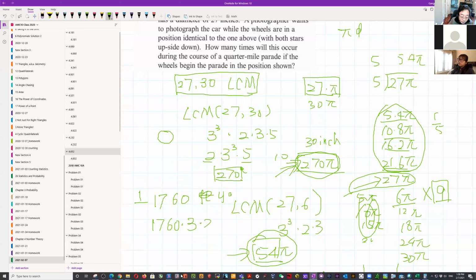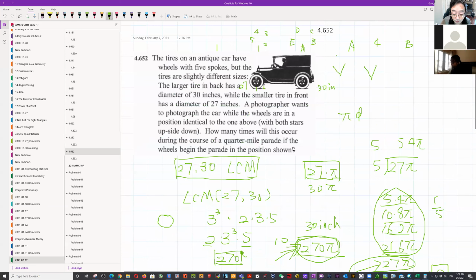Then multiply by 12, that's inches. So that's a complete mile. Then it's 1/4, so you have to divide by 4. Then also divide by 54 pi. So that's how many inches of distance we have to travel for one of these appearances to happen.